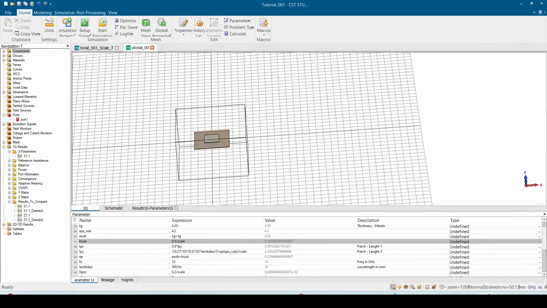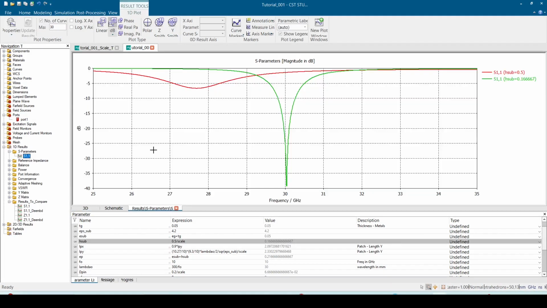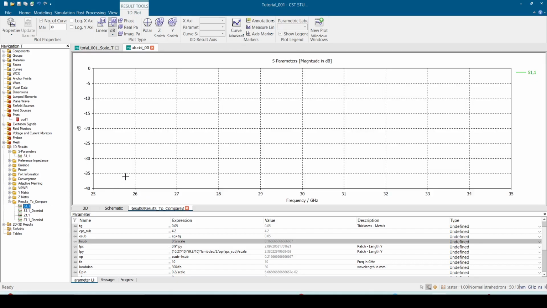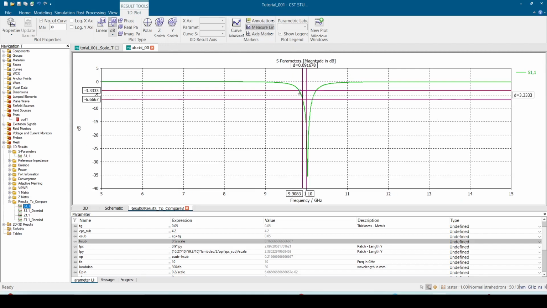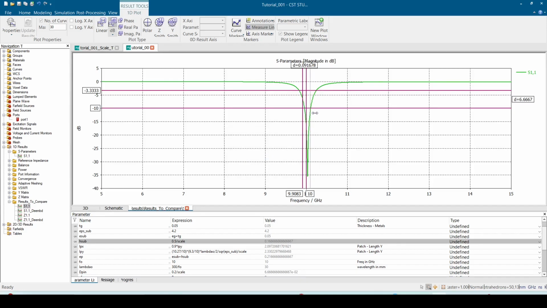Well, after the simulation is done, we can see the results so far. We can see that it is exactly mapped to the 30 gig. So how can we be sure that it is exactly frequency scaling? We can see here, for example, if you want the -10, right? We want almost to get the bandwidth.